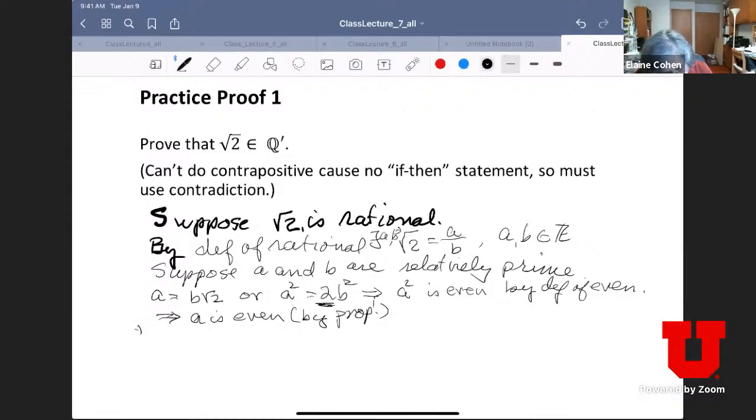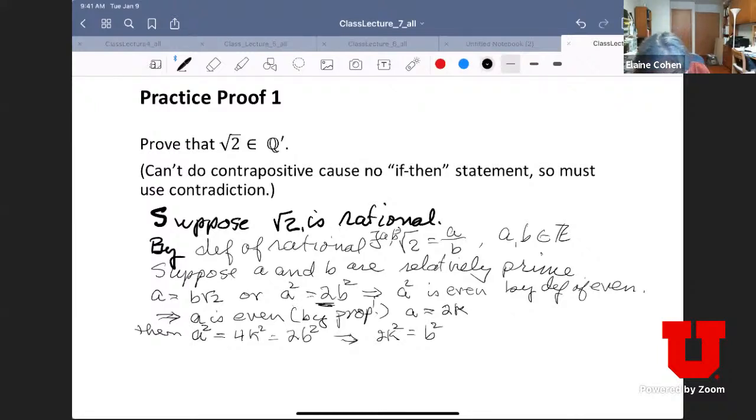So then a is equal to 2k. So a squared is equal to 4k squared, which is 2b squared. And that implies that 2k squared is equal to b squared. And what does that tell us?